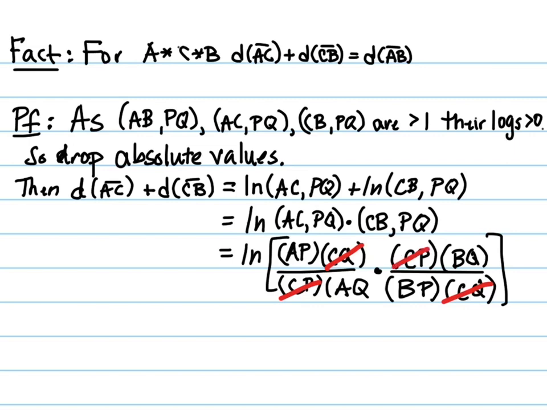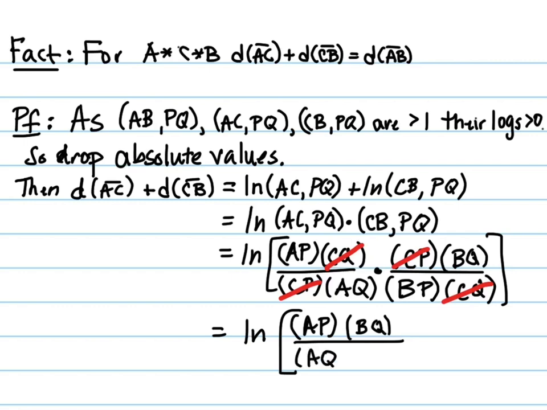So if I rewrite what's left, we have AP times BQ on top and AQ times BP on the bottom.